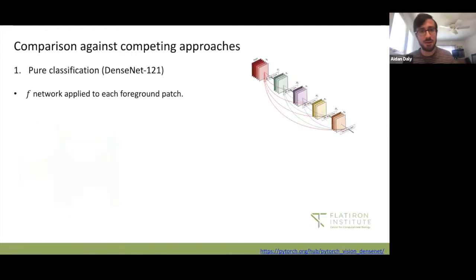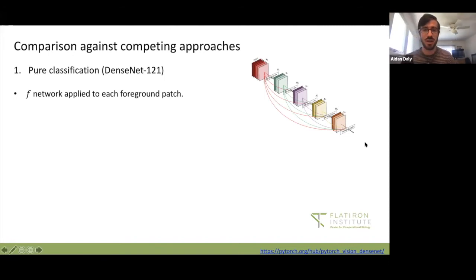So to see that we're actually improving on what we can do, we compared it to two competing approaches. One is just a pure patch classification approach with the DenseNet, which is a very powerful, popular architecture. Basically, again, you take your input, it passes through many different convolutional layers, extracting more and more features, and you get your output.